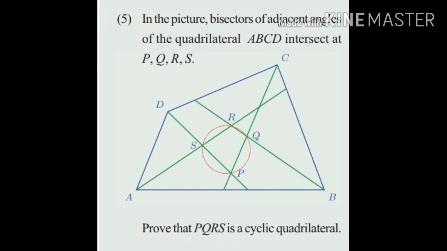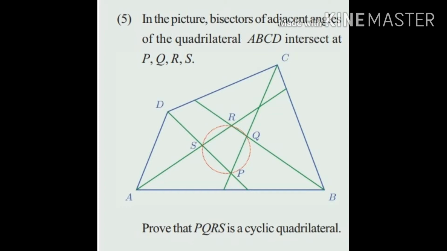One large quadrilateral ABCD is given, and the adjacent angle bisectors are joined. After drawing the bisectors, we get one small quadrilateral inside, and we need to prove that it is cyclic.